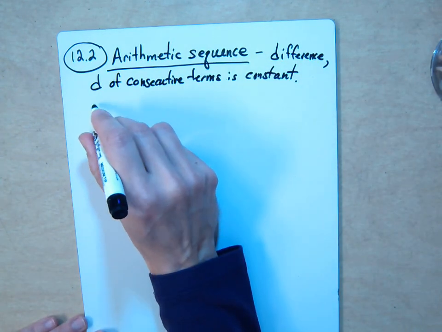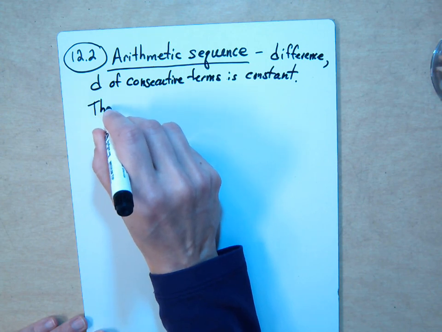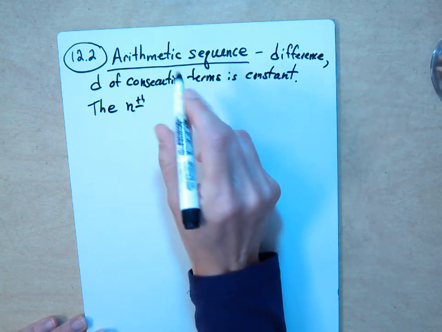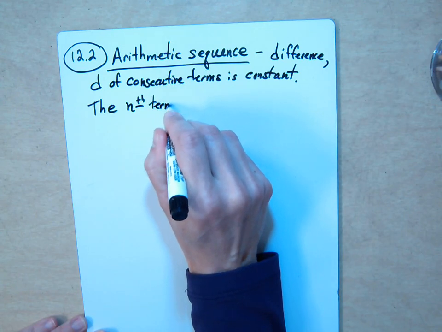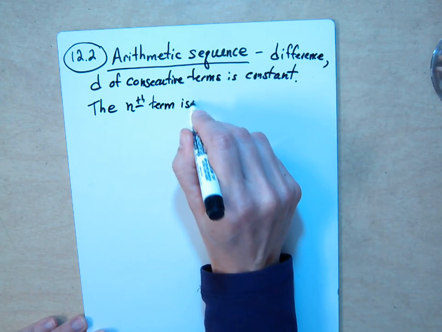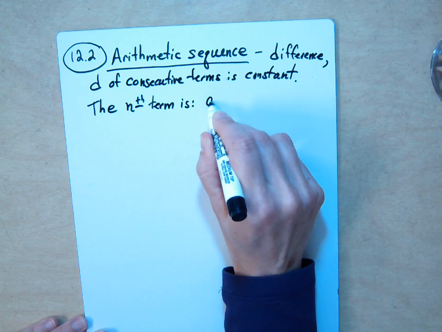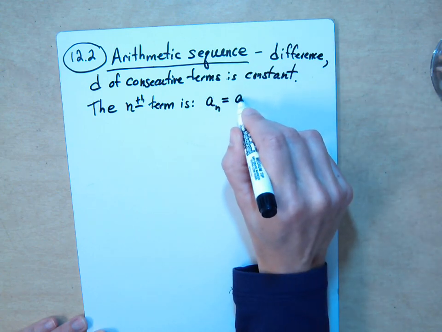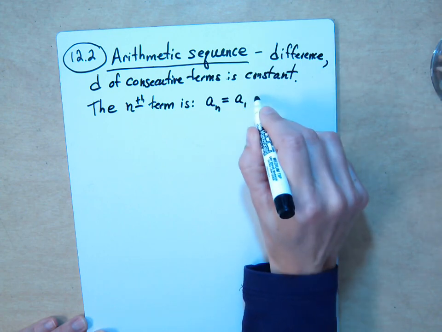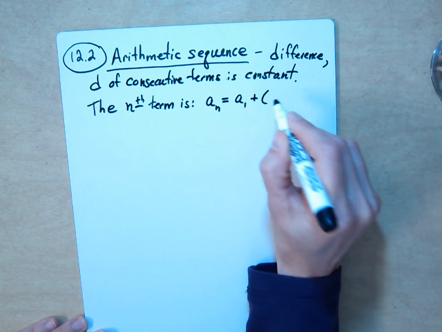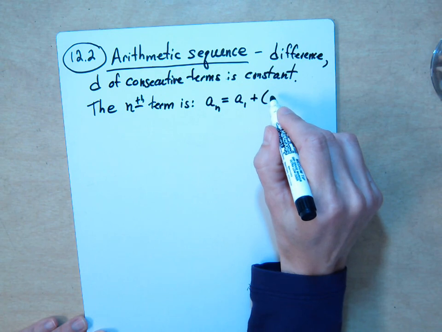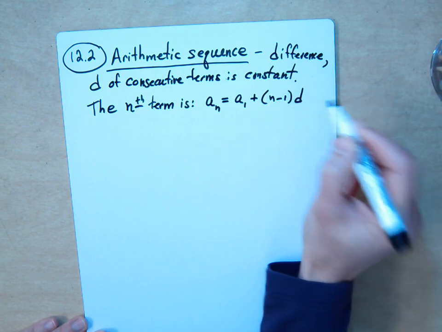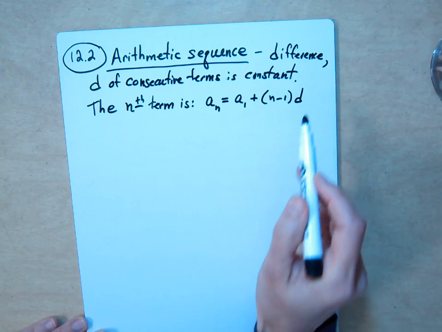And the formula is this: the nth term equals the first term, a sub 1, plus adding that difference n minus 1 times. And the way you write that with math is n minus 1 times d.